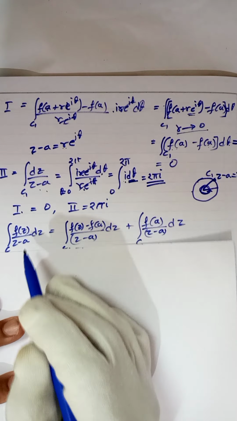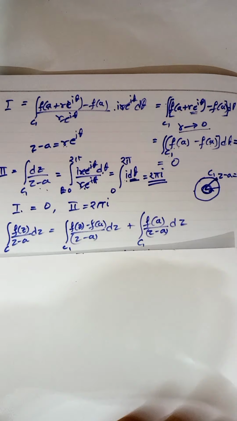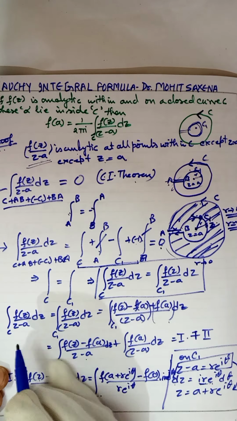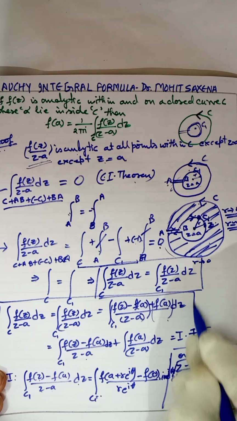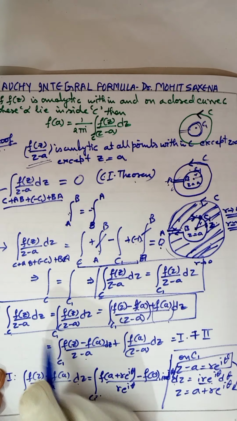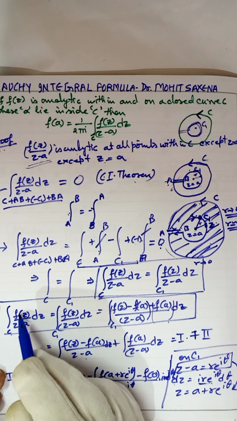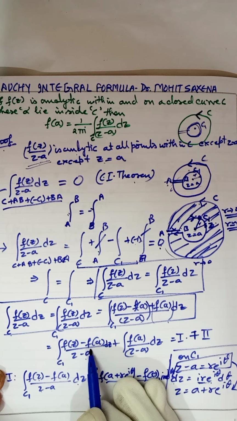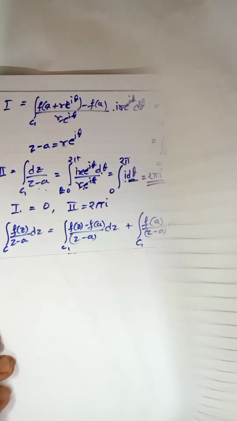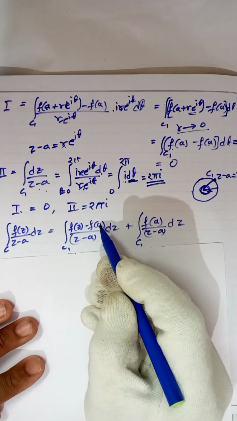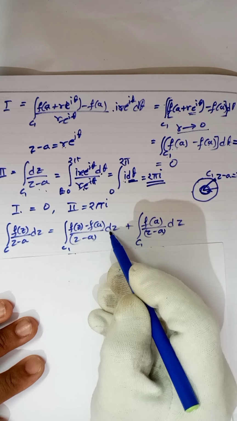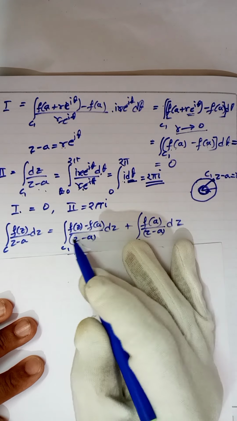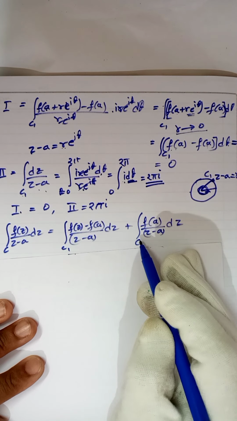Now the basic formula we had written down here, this is f(z), this would become the integral over C of f(z) upon z minus a, which is equal to the first integral plus the second integral. This would become f(z) minus f(a) upon z minus a dz plus f(a) upon z minus a dz, both over the closed contour C1.